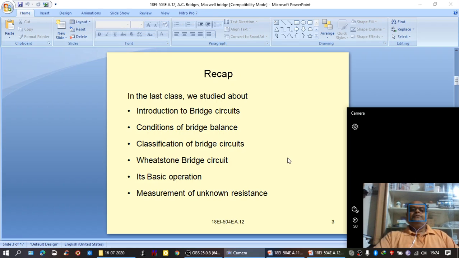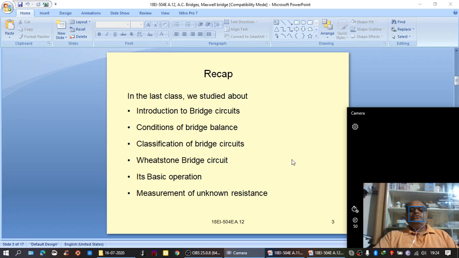And for measurement of resistance, a Wheatstone bridge is used, and we have seen the basic circuit of a Wheatstone bridge. Basically it is a DC bridge. It consists of only resistive circuit elements.